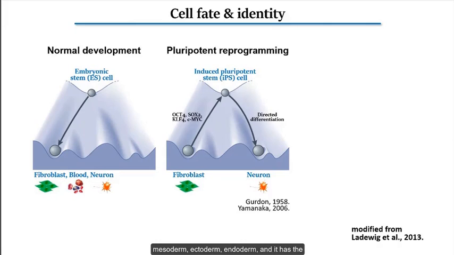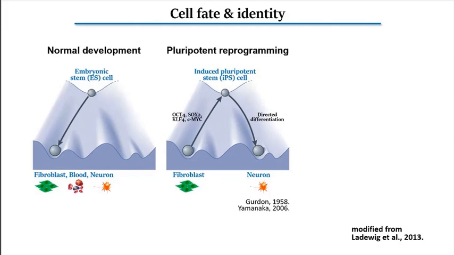It can generate mesoderm, ectoderm, endoderm, and it has the ability to differentiate into different types. So the whole process takes a long period of time to generate iPS cells, although it is rather straightforward.